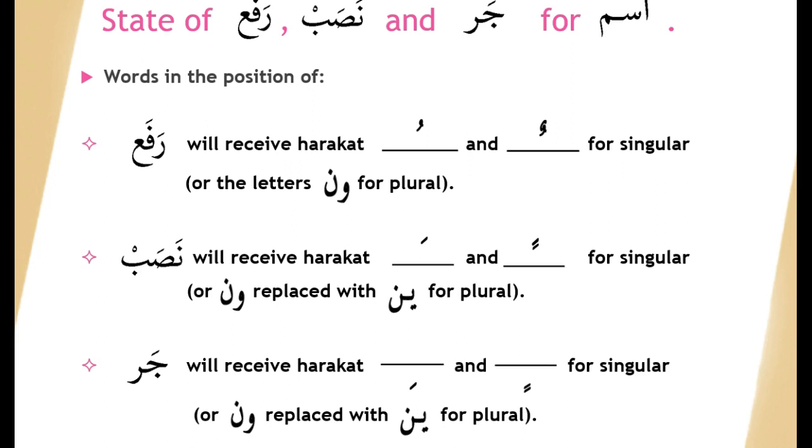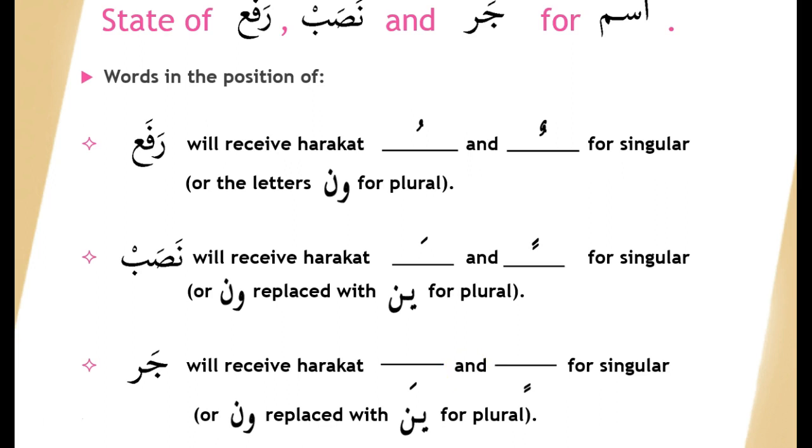Both nasab and jar have the same spelling, waw nun changed to ya nun, like muslimuna to muslimina, mu'minuna becomes mu'minina. That is for isim.